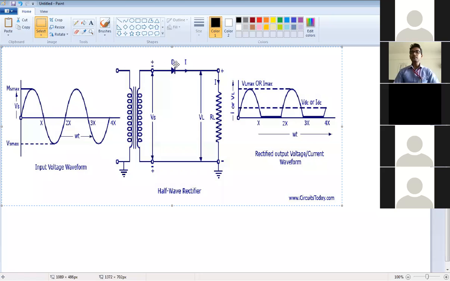Only one single diode is there. This is the transformer, correct? Here we are applying the AC input.